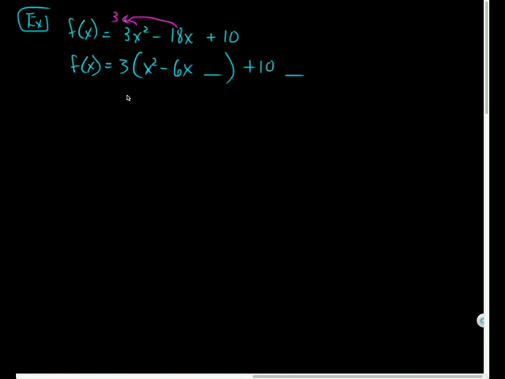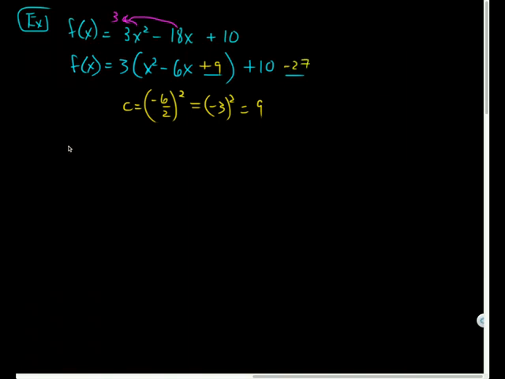Complete the square, so my new c term is going to be negative 6 divided by 2, all squared, negative 3, all squared, positive 9, added 9 in the world of parentheses. Now in the world of the problem, I really added 27. So to balance that out, since I'm all on the same side of the equal sign here, right, I have to subtract 27 as well, right?